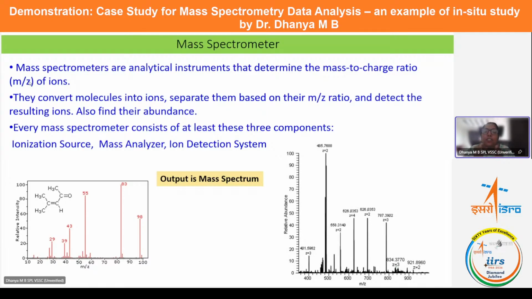In order to sample this gas, first the gas is ionized. Once we ionize, electrons are removed from a molecule or an atom, and it becomes a positively charged ion. Further, these ions are subjected to detection. That's where this mass to charge ratio comes into the picture.